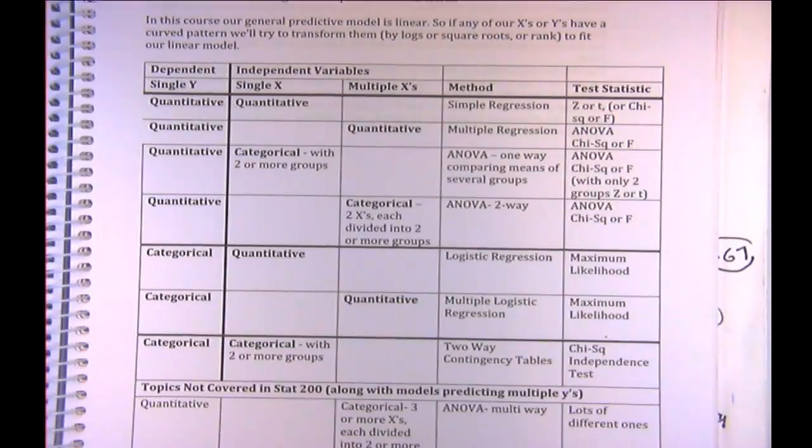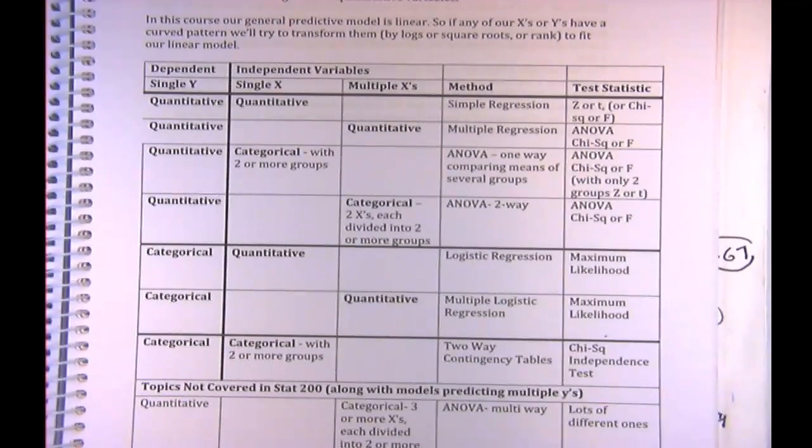And how you're going to die would be multiple categories or not. A logistic regression question would be something like, are you going to die by violent means or not? Something like that. Yes or no.